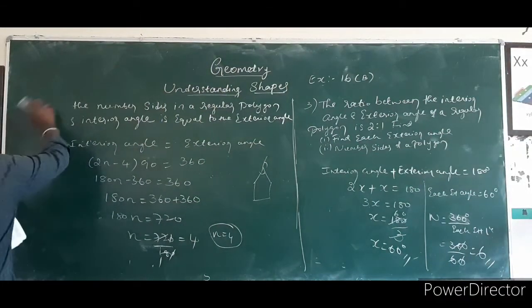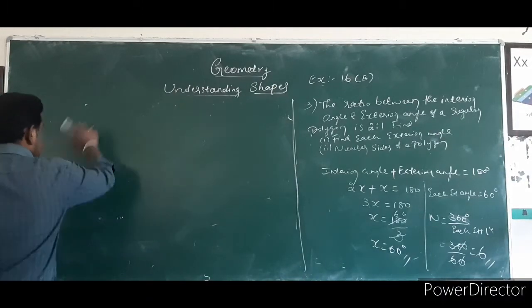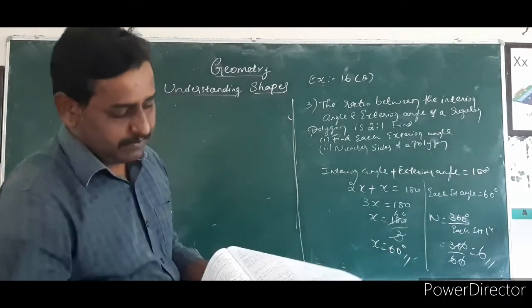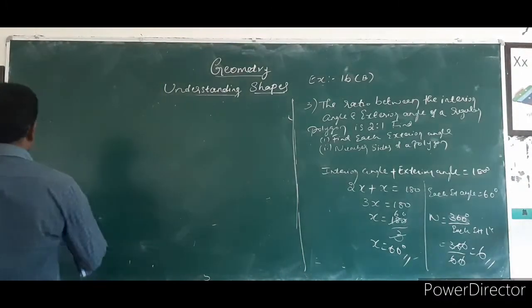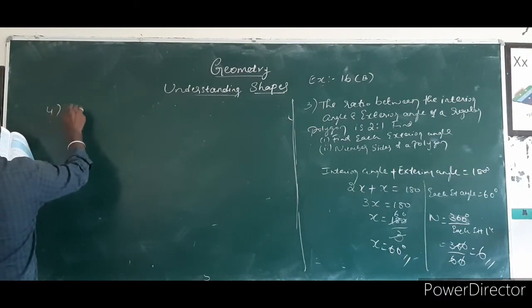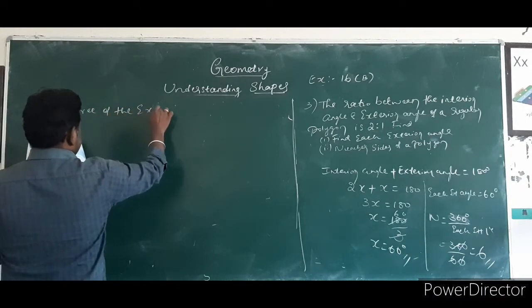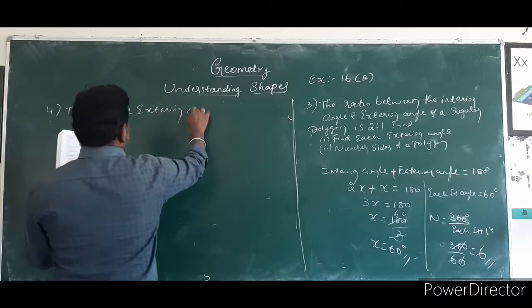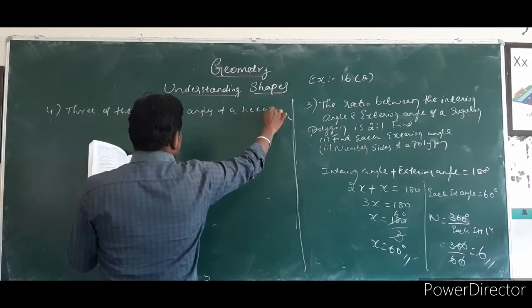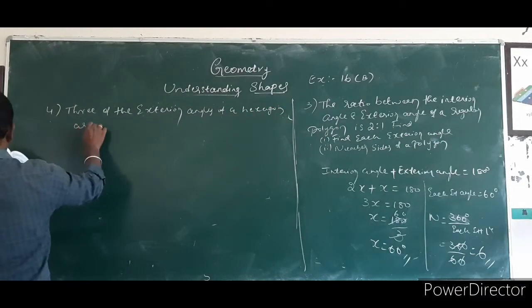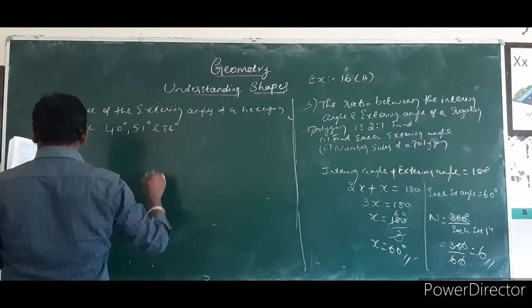So in the next problem, 3 of the exterior angles of a hexagon are 40 degrees, 51 degrees and 86 degrees.